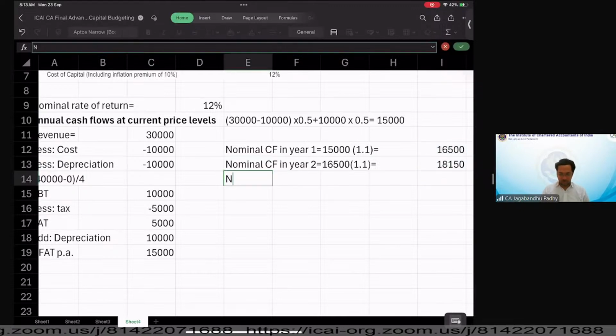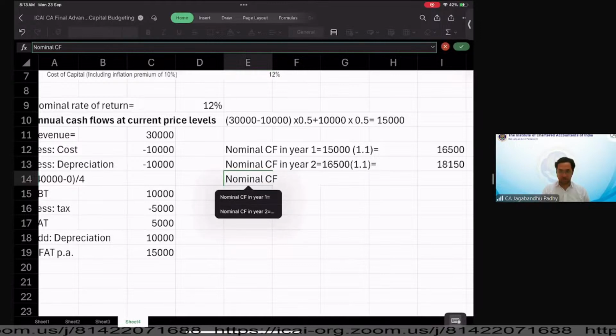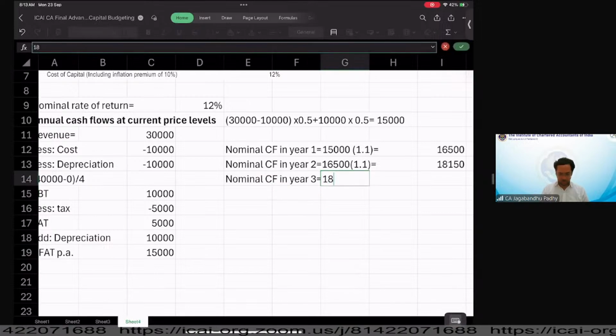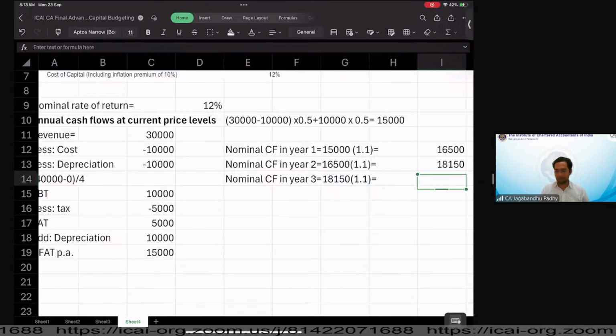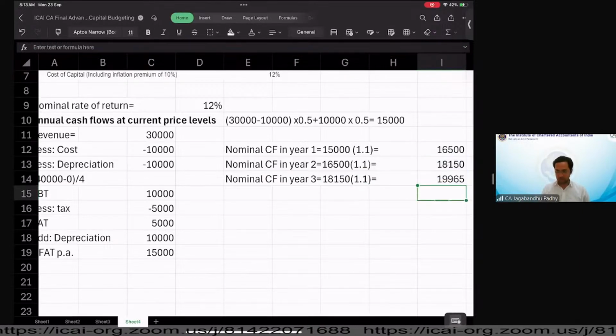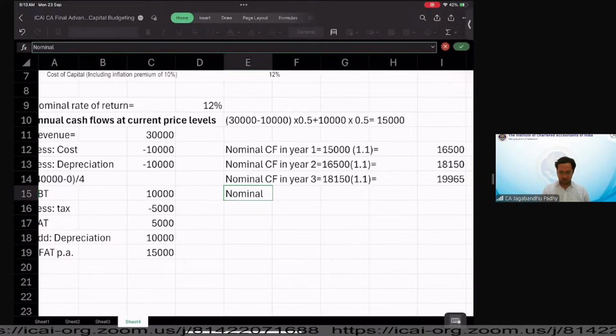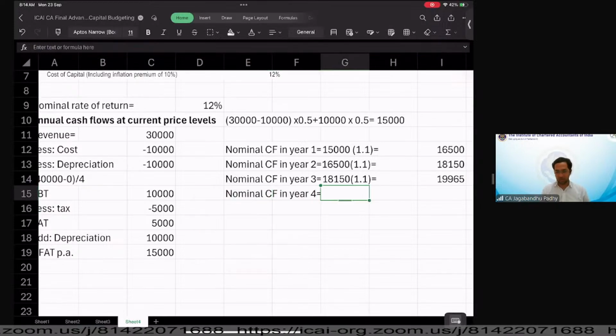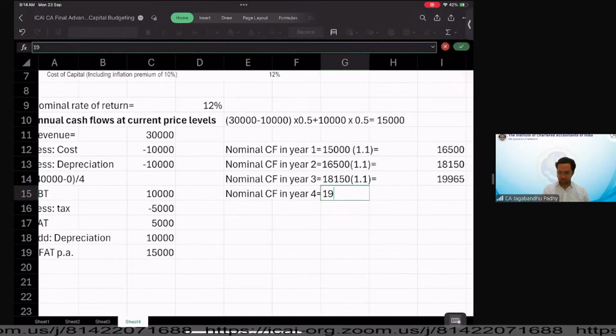Correct? Then the nominal cash flow in year three is going to be 18,150 multiplied by 1.1, because every year there is a rise of 10%, right? And the nominal cash flow in year four will be 19,965 multiplied by 1.1.